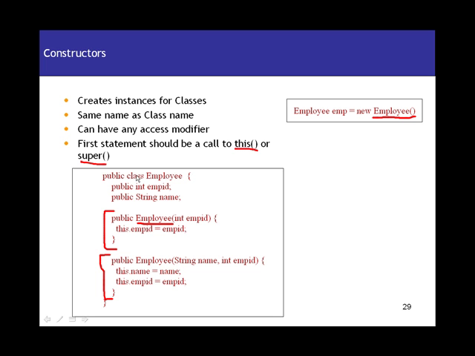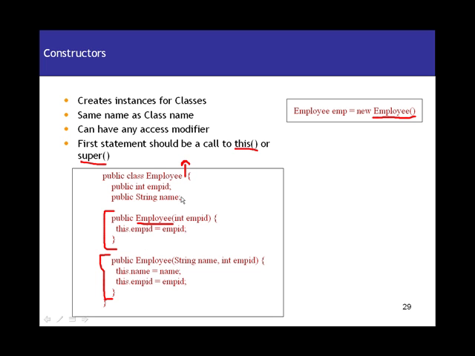By default, if you don't put this or super, it calls super with no argument. What does that mean? That means that whichever class this employee is extending from, it's going to call the no argument constructor of that class, right?